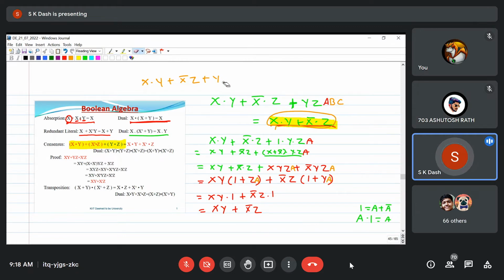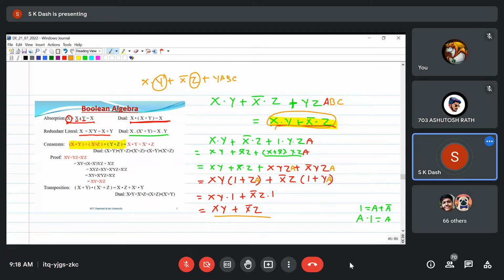Now suppose instead of yz, abc is there. Then can we get this expression? No, it is not possible. It will not be the same. So the mandatory thing is that the product of these remaining variables has to be present in the third term. So in this example, y is there, but z is not there. Okay.